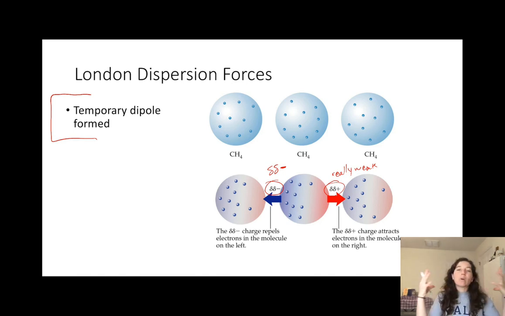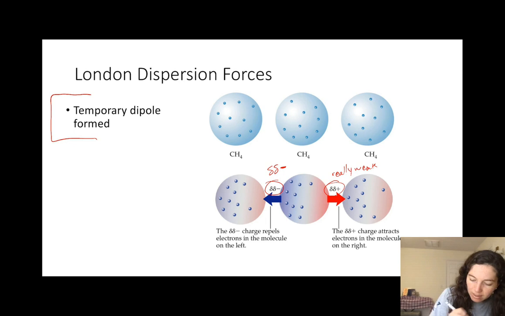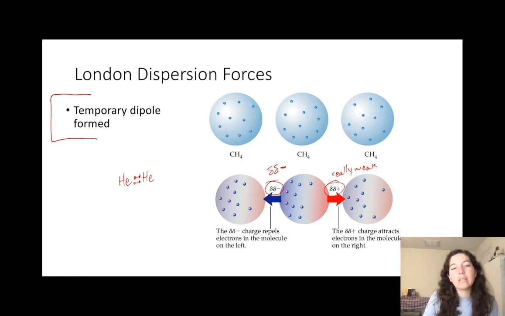As you have more and more electrons in a structure, so the CH4 has a decent amount of electrons in it. Let's look at helium. If we just had helium and helium stuck together, they only have 2 electrons each, so this would be your helium. It only has 4 electrons.